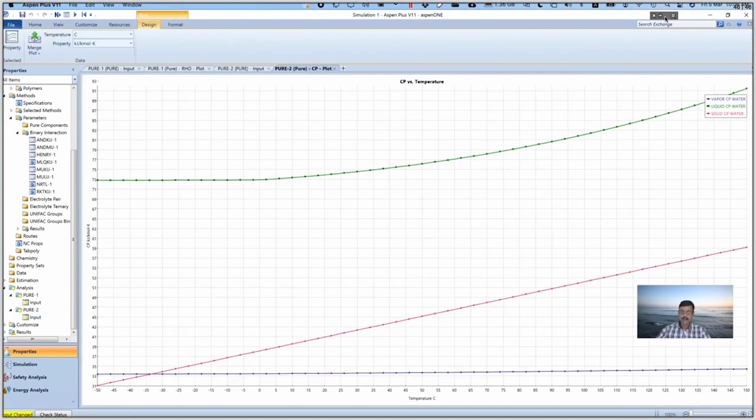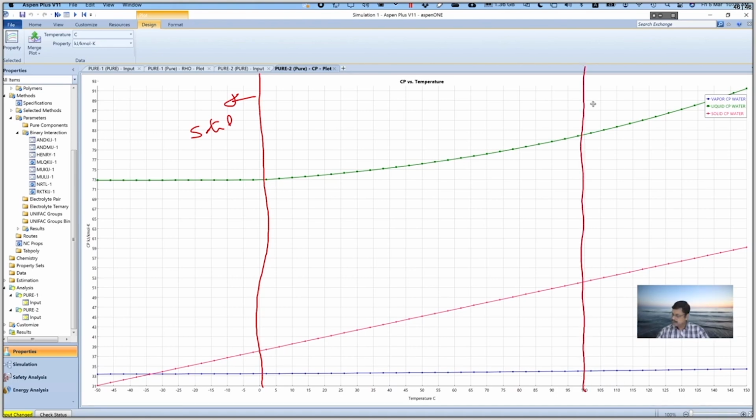So you can see here, as we have discussed just few minutes back, up to this point, this is ice, solid water, and above 100 degrees centigrade, this one is vapor phase, and this is liquid phase of water, this entire thing.